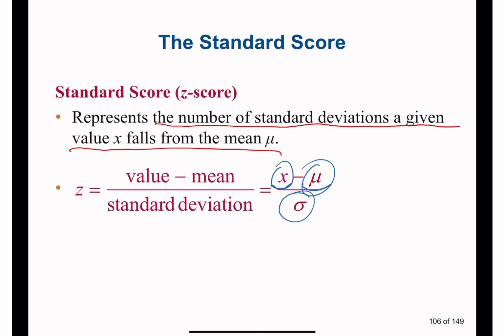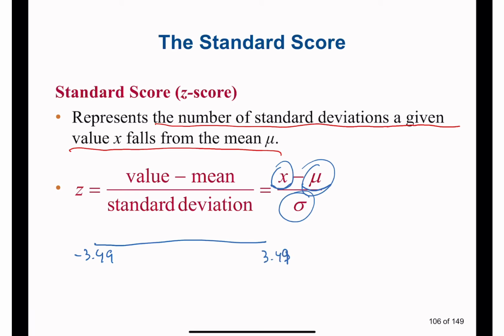So z-score is a standardized value. There is going to be a table of z-scores, where we can see that the z-score is going to be between negative 3.49 minimum and positive 3.49.